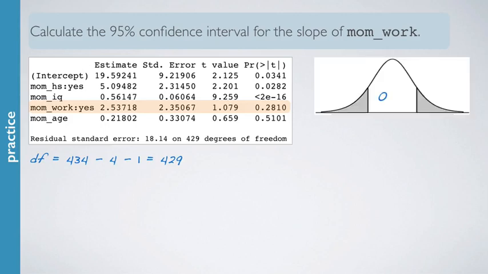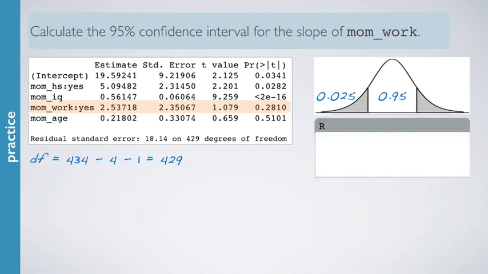We can draw our curve, mark the center of our distribution at 0.95, and remind ourselves that each tail is then going to have 2.5% left, and we can find the critical t-score using the qt function and the associated degrees of freedom, and R tells us that the cutoff on the lower bound is negative 1.97.